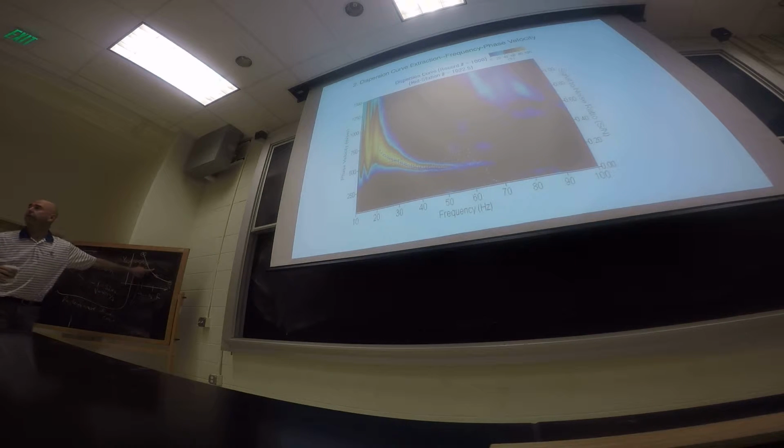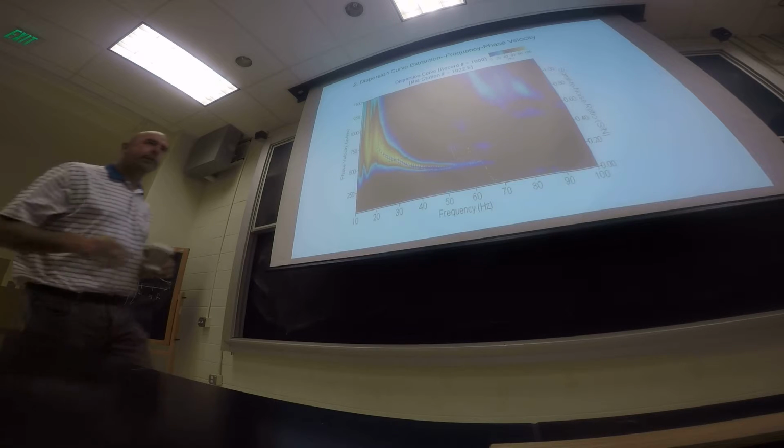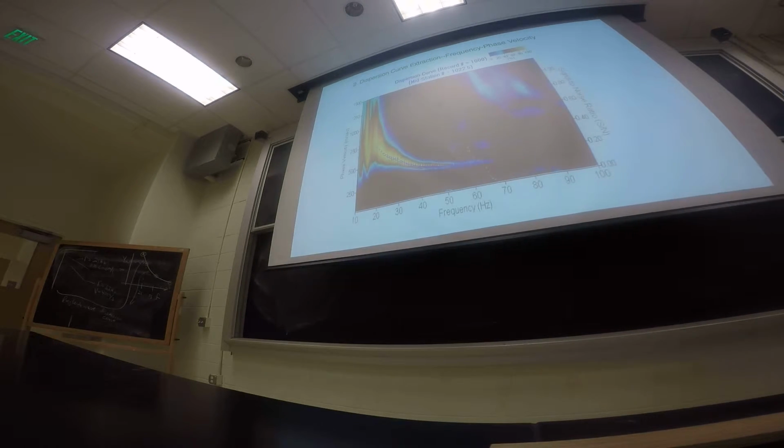So this curve right here that we did by eye, there's a computer program that actually mathematically transforms the data from the space of offset versus time to phase velocity versus frequency. So we kind of know what they're doing when they do that, right? What are they doing?